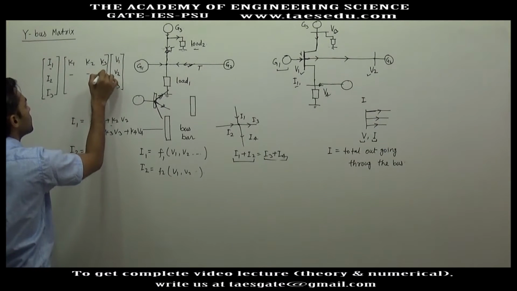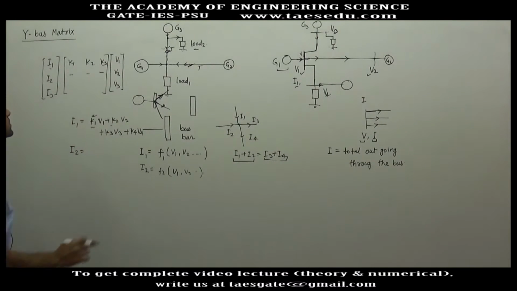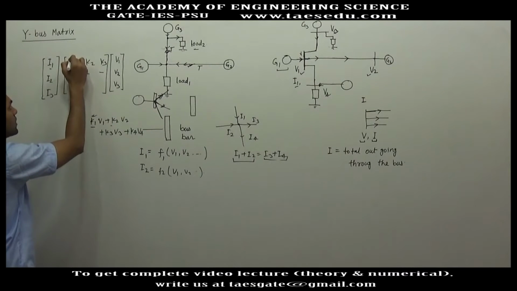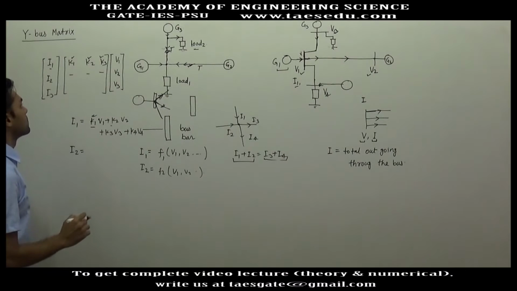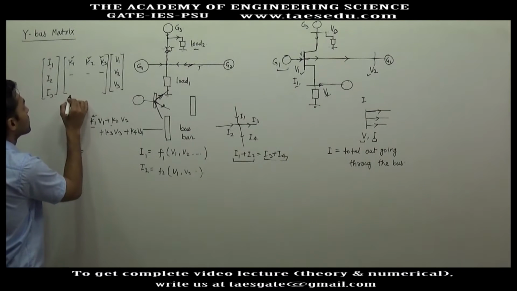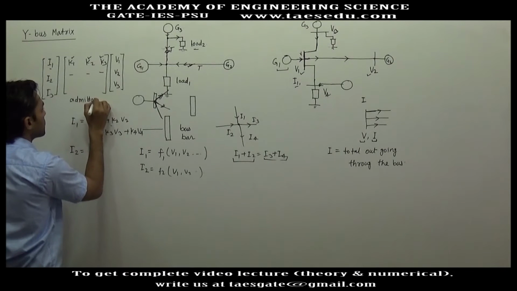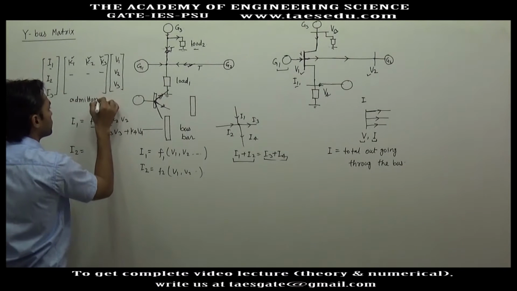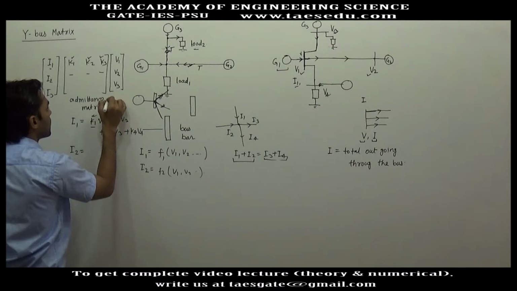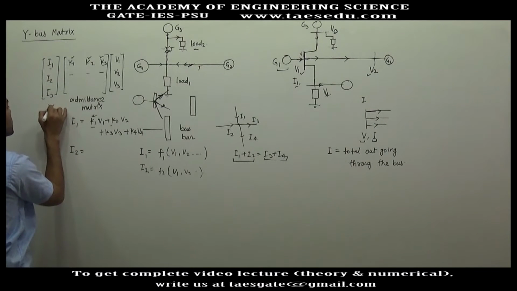Similarly, there will be some constants here which show the relationship between I2 and V1, V2 and V3. And the unit of all these constants will be admittance. So this will be called the admittance matrix, and this may also be called the Y-bus matrix.